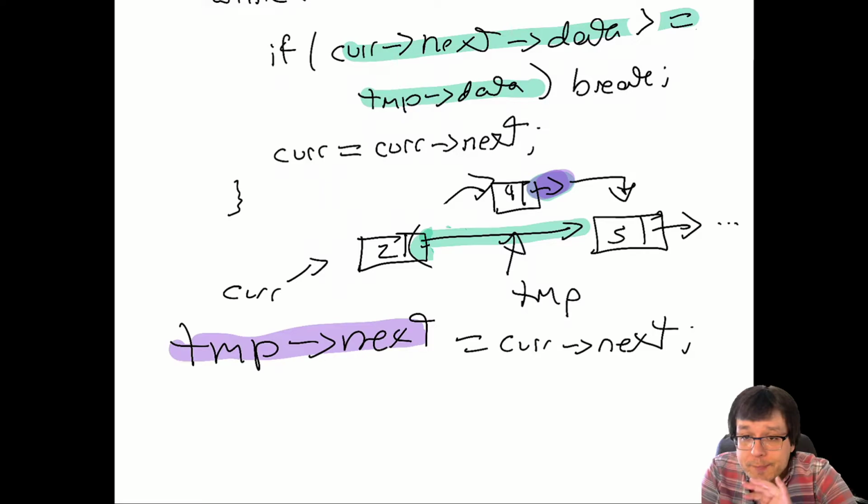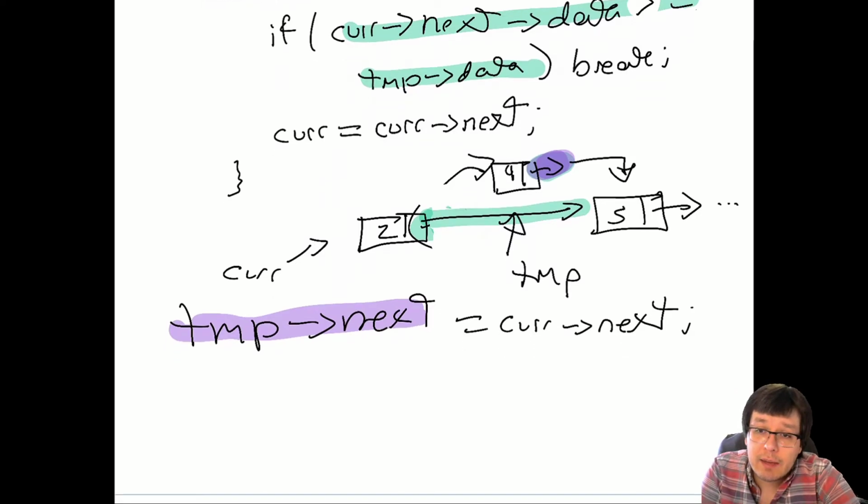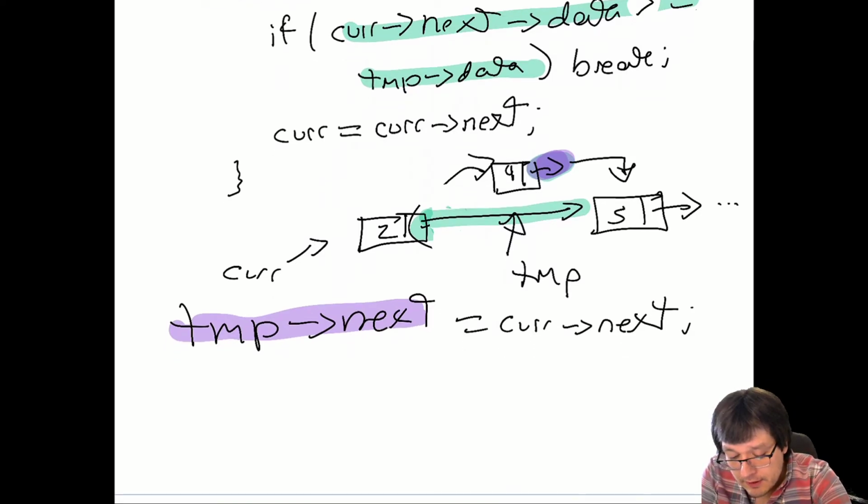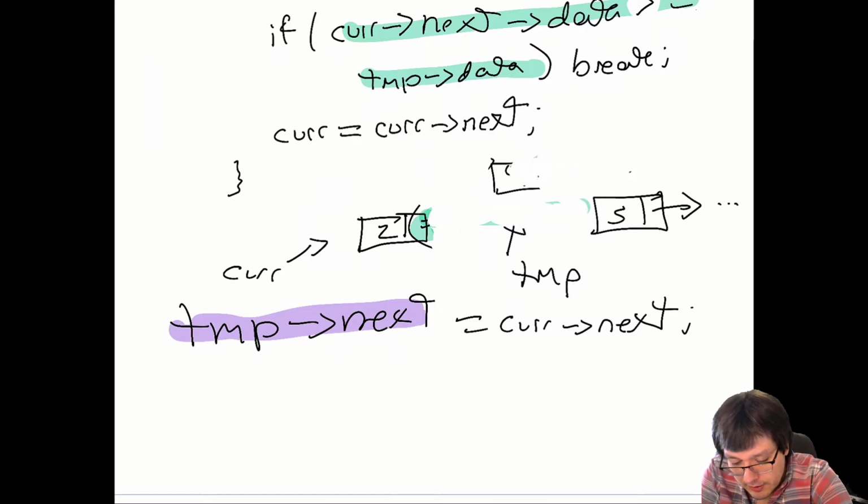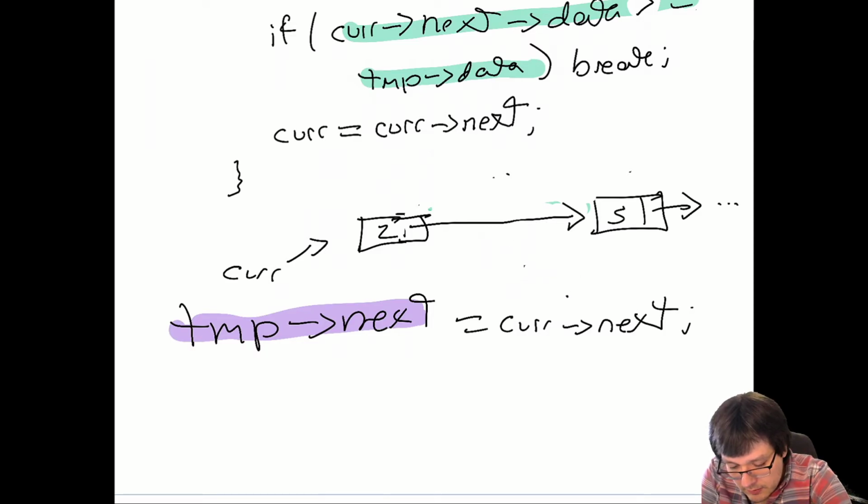If we do that, we will basically have linked this node, the 4, to go to the 5. So right now it's kind of like a parallel thing. Let me clean up this drawing. So right now with that line of code, we have the following.